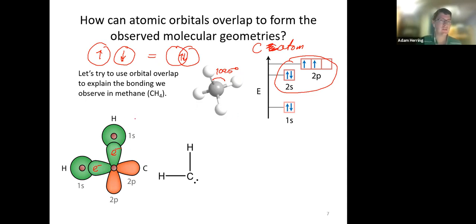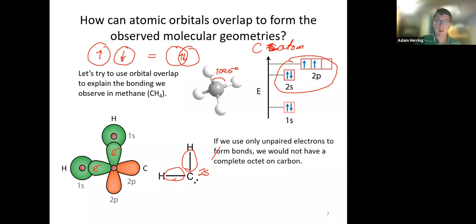That's because the hydrogen atom has only 1 electron in the ground state. It's in the 1s orbital. So we'd end up with covalent bonds, and then these would be our 2s orbital electrons left over as a lone pair. And if we only use the unpaired electrons to form the bonds, in this scenario, we would not have a complete octet on carbon, and our bond angles would be 90 degrees from each other.